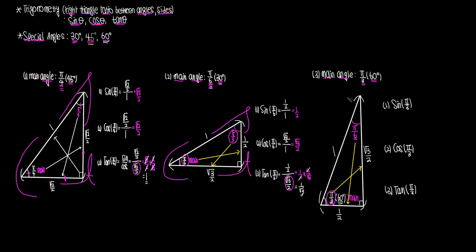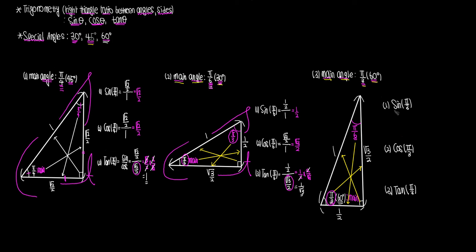And lastly, the side where the right angle is facing should always be the hypotenuse, 1. So we can figure out that this triangle with the main angle of pi over 6, 30 degrees, is a flipped version of the one with main angle pi over 3, which is 60 degrees.